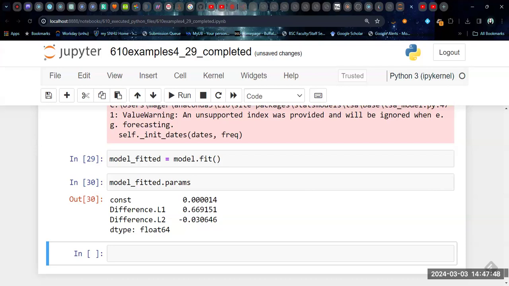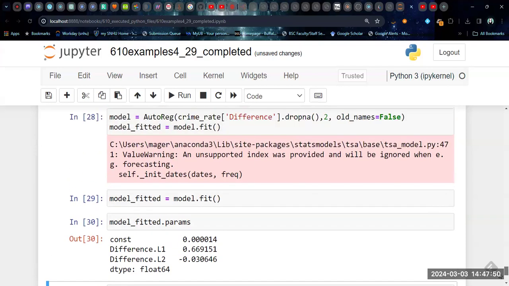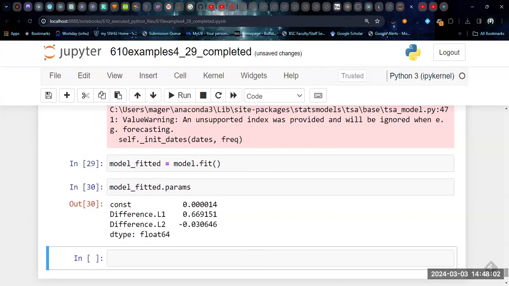Now, in order to really determine what kind of combinations of autoregression and moving average and other kinds of properties for our time series models, we would want to do further analyses. We would want to look at some metrics to determine which ones were the best fit in producing the best errors.